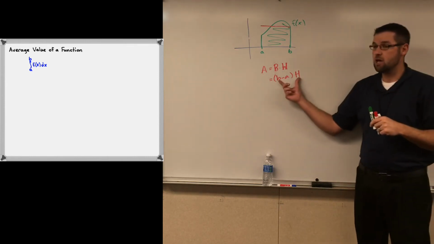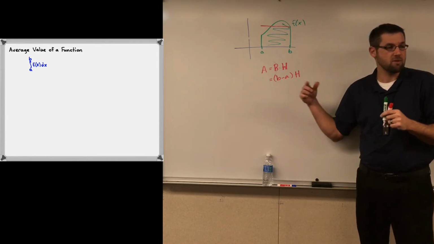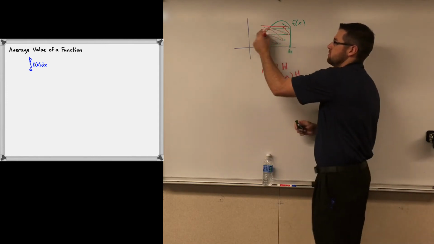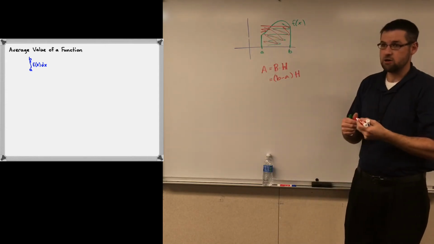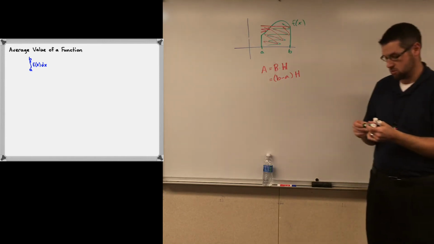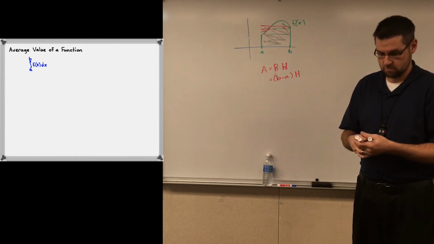But this is the area under the red curve, the constant, right? Remember, the area under the red curve is supposed to be equal to what? The area under the green curve. Well, what function represents the area under the green curve? Not f of x. It represents the height. The integral.